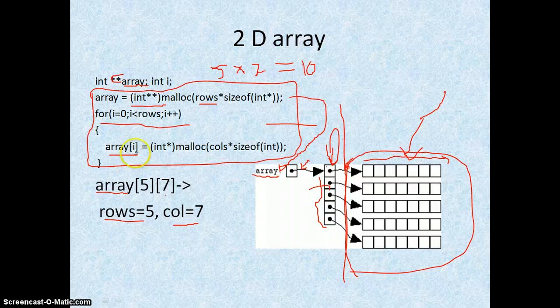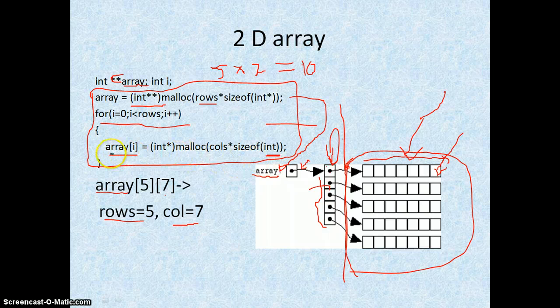So array of 0 is nothing but one pointer, and we do malloc of columns, that is, 7 times the size of int. Here int has no star, because when we come over here, no pointer is traversed. Int is used because we will store elements here, not pointers.